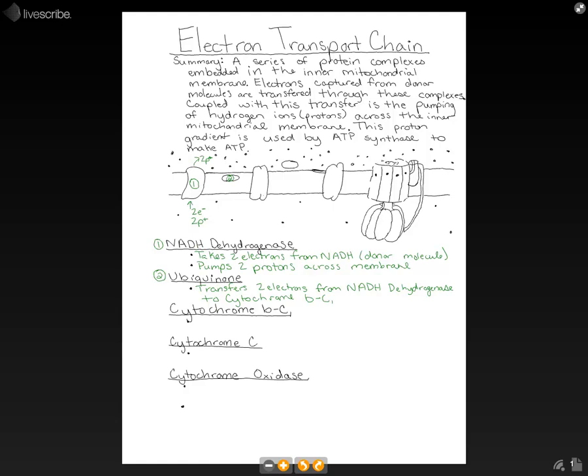So this is ubiquinone here, and we're going to show it's moving our 2 electrons.